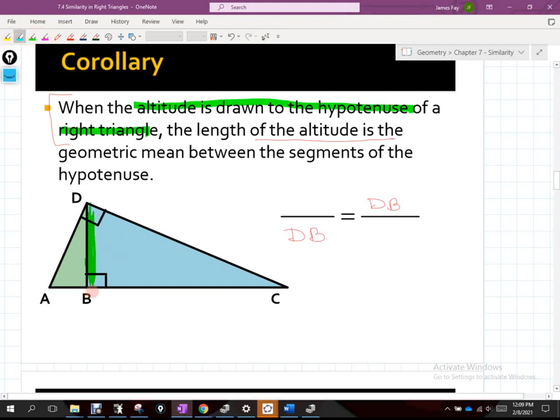Well, B creates two segments in my hypotenuse. It creates that distance, and it creates that distance. You guys agree with that? Those then are what go in the remaining spots, AB and BC. Is that okay with everybody?